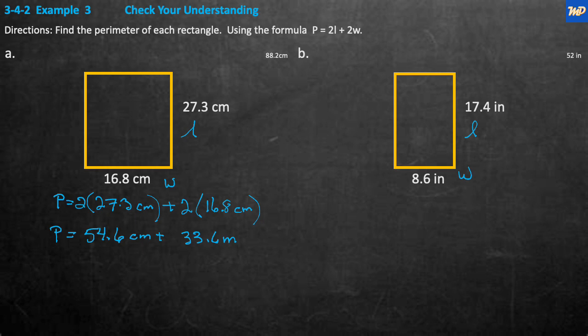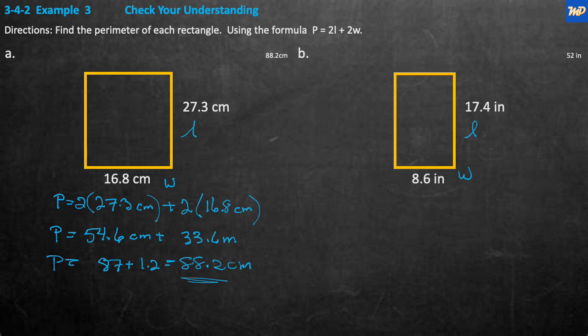Now we're going to add these two numbers together. 54.6 plus 33.6. 54 and 33 gives us 87, plus the fractional piece, which is 1.2, is equal to 88.2 cm. That's the answer for the first one.